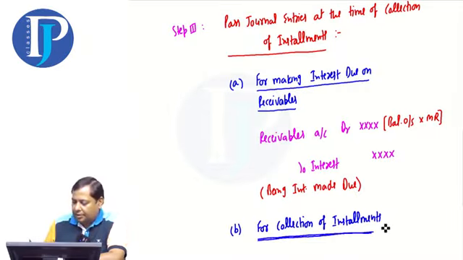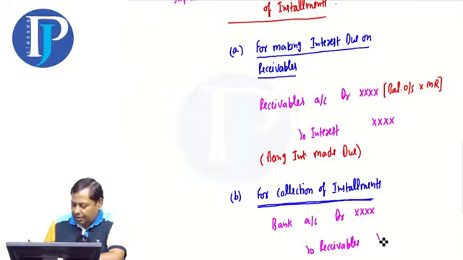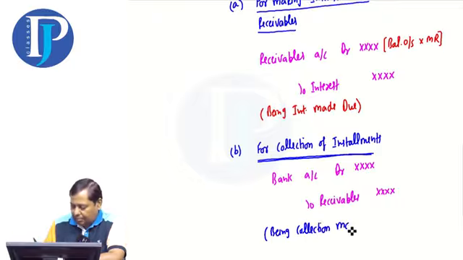We will pass the entry: bank account debit to receivables, money is received. Apply interest first, then receive money after that. Being collection made.